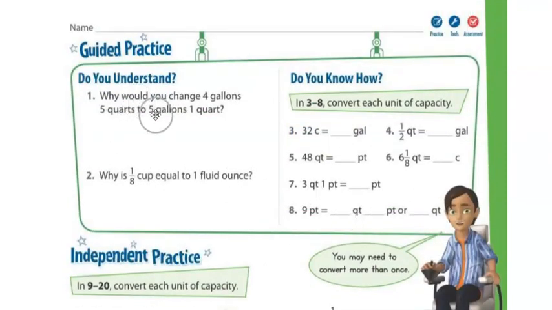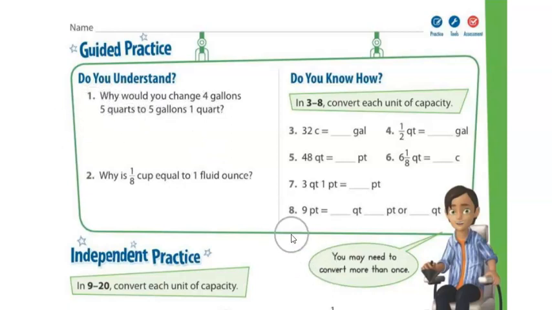All right, taking a look at number 1, it says, why would you change 4 gallons, 5 quarts to 5 gallons and 1 quart? I want you to think about why this would make sense.